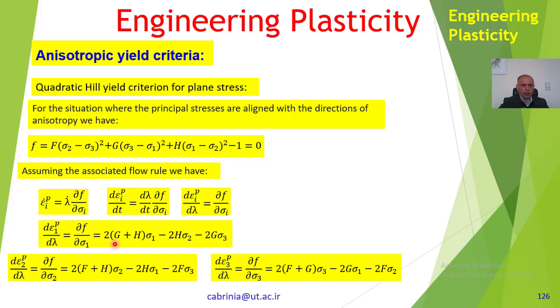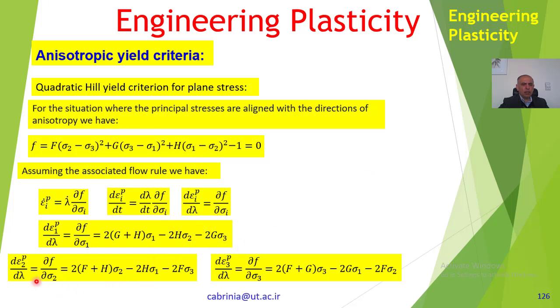So I get 2(g plus h) sigma 1 minus 2h sigma 2 minus 2g sigma 3, because this is to the power of 2. If we expand this, we have sigma 3 squared plus sigma 1 squared minus 2 sigma 1 sigma 3, and similarly for this one. So that's why we have these terms. You have to expand them and then differentiate them.